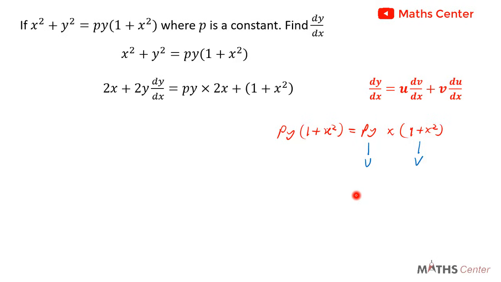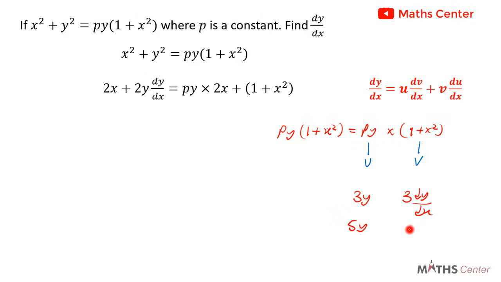So let's just assume that p is 3. If p is 3, you have 3y. And when you differentiate 3y, you have 3. But because it's a term containing y, you multiply it by dy dx. If, let's say, p is 5, you have 5y.